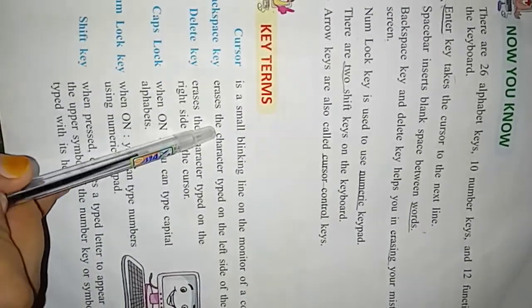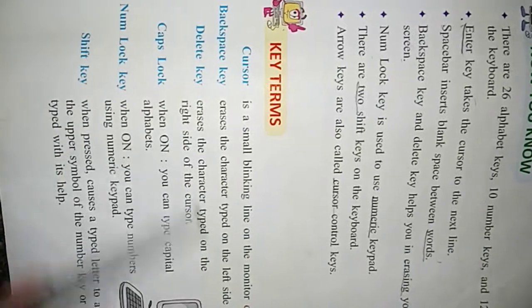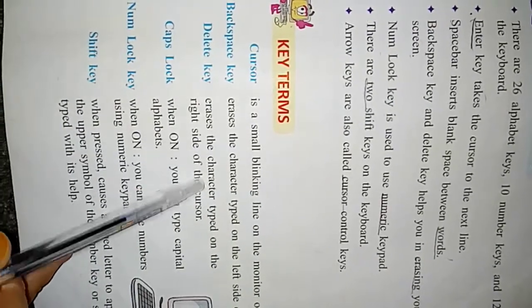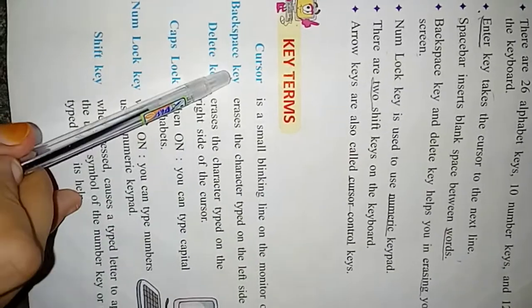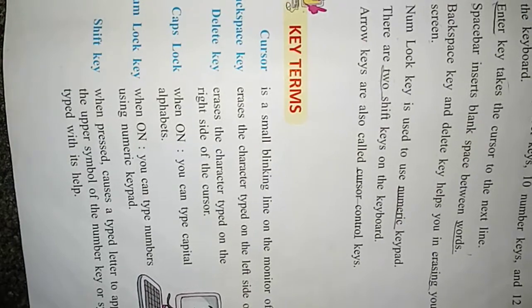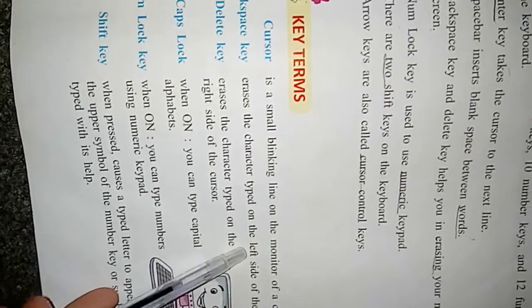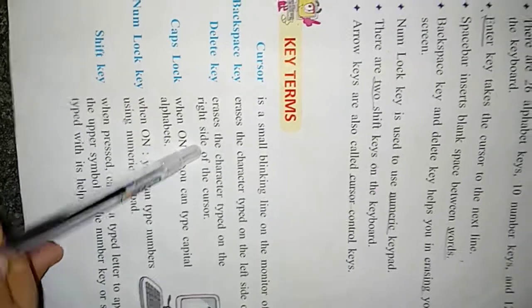Backspace key erases the character typed on the left side of the cursor. Delete key erases the character typed on the right side of the cursor. Backspace key removes or erases the character on the left side, and delete key erases the character from the right side.